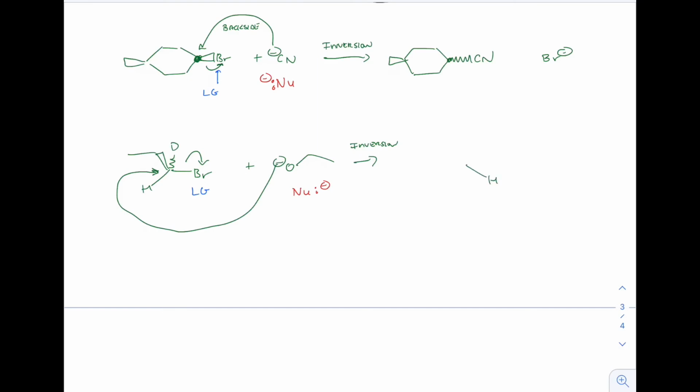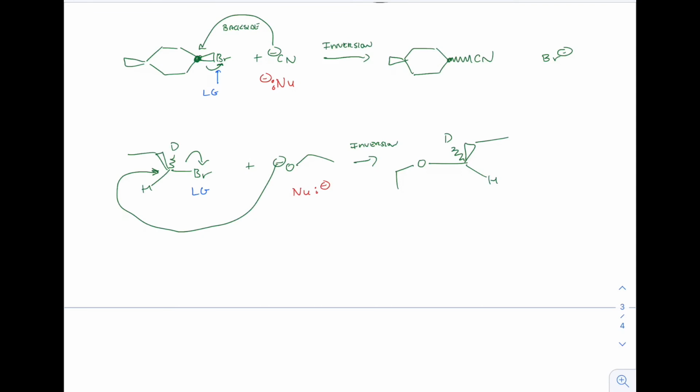So what you would do is draw the mirror image of it at first, but I'm going to leave out the bromide, draw everything else, and then substitute that bromide with the nucleophile, which is the ethoxide, okay? So that would be the inversion product because it's the mirror image of it.